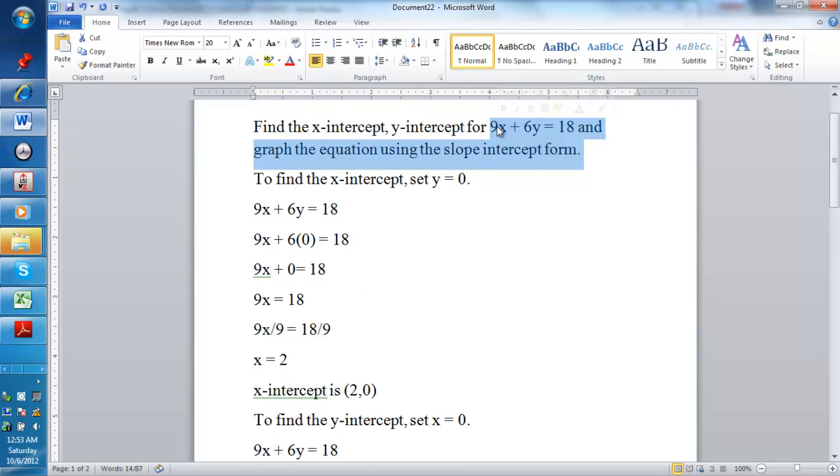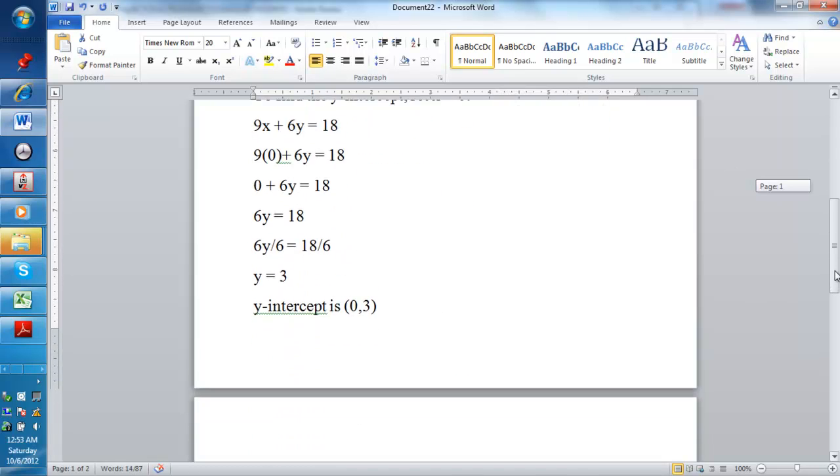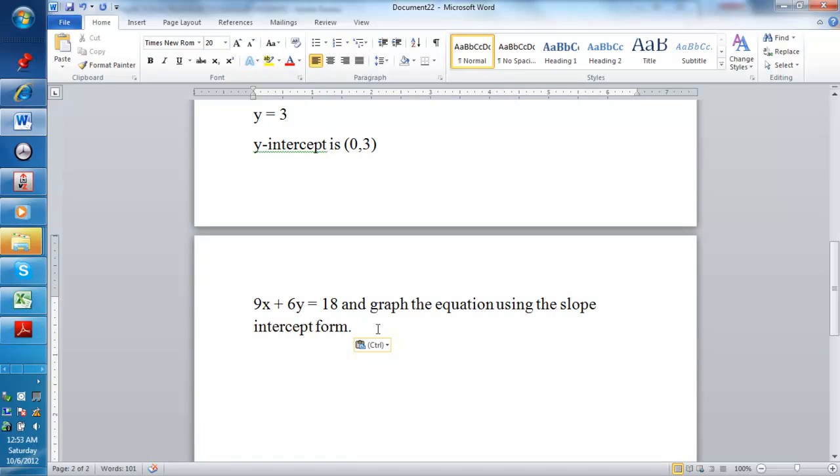Now we're going to take a look at this equation, 9x plus 6y equals 18, and write it in slope-intercept form.